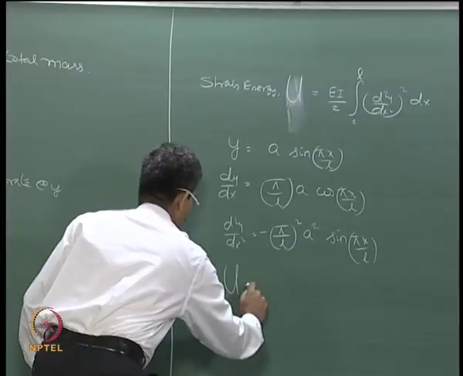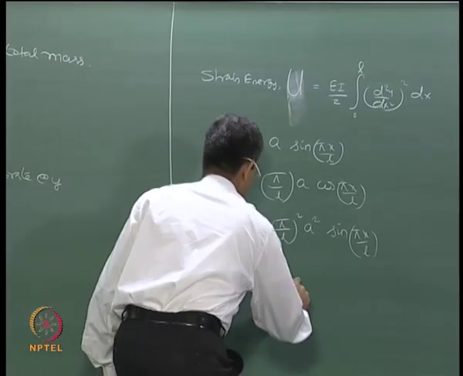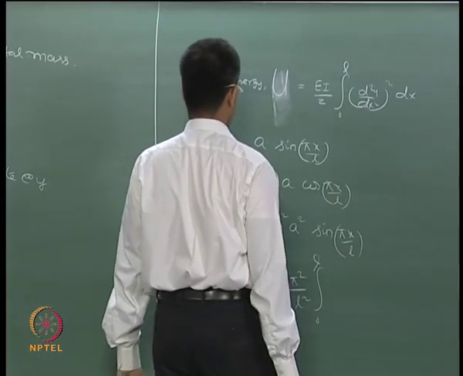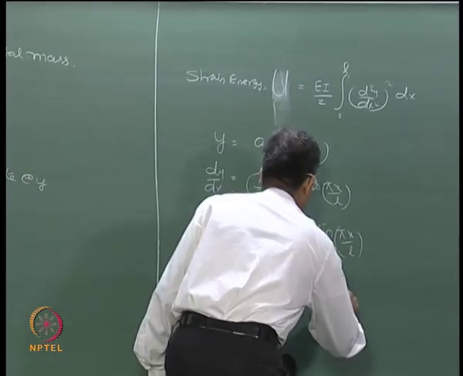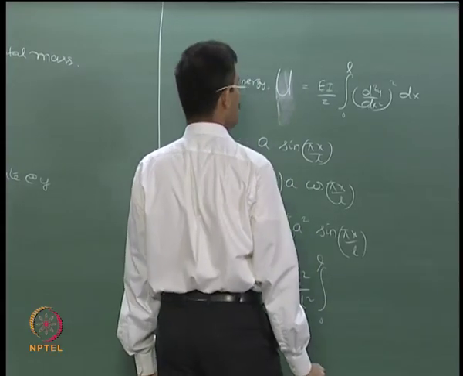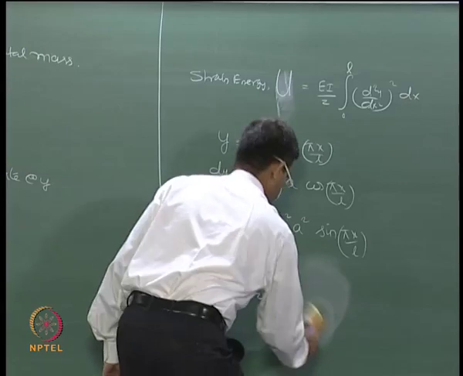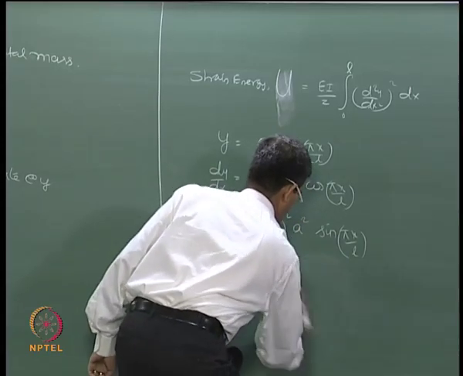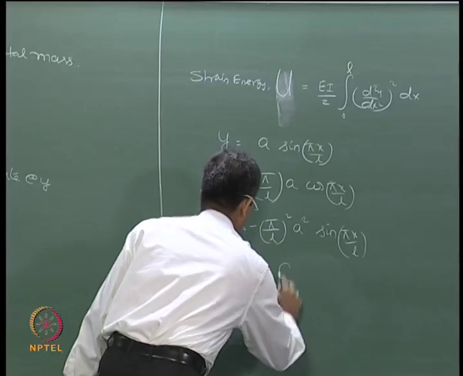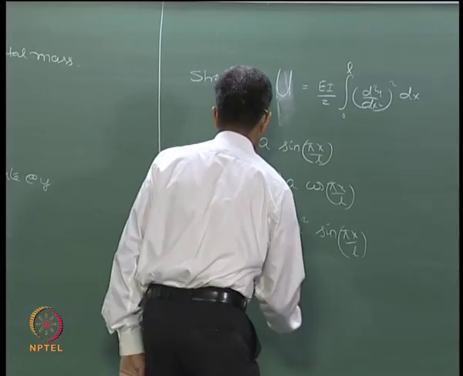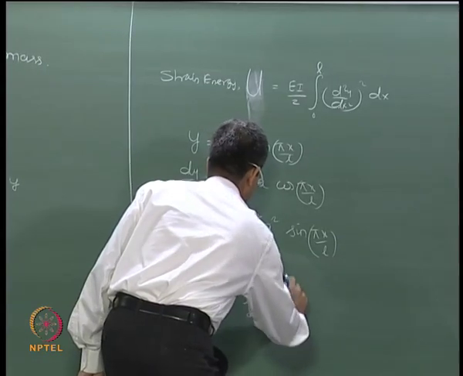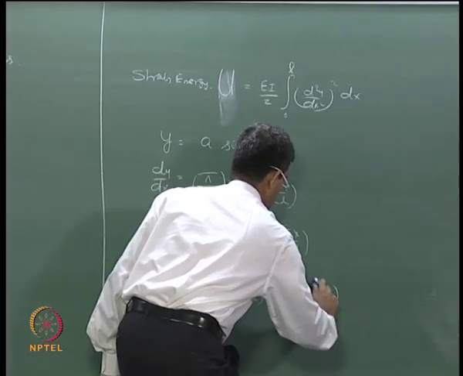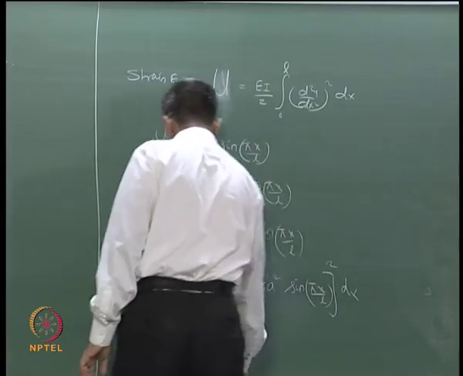So getting back to U will be EI by 2, a square pi square by L square, okay, let me put it like this, EI by 2, integral 0 to L, minus pi by L the whole square a sin pi x by L the whole square dx.